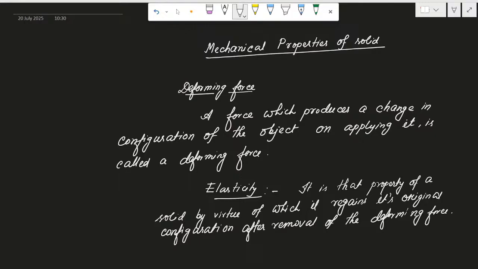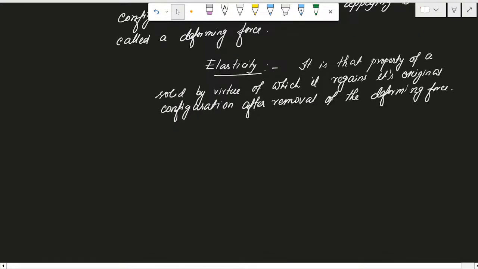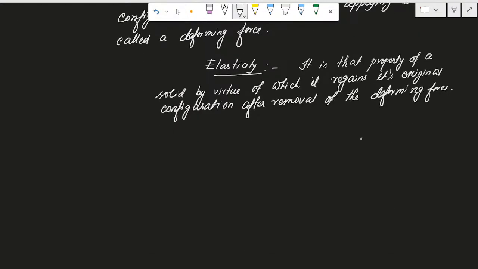When the solid gets deformed under the deforming force and you remove that force, it regains its original shape. This type of property is known as elasticity.